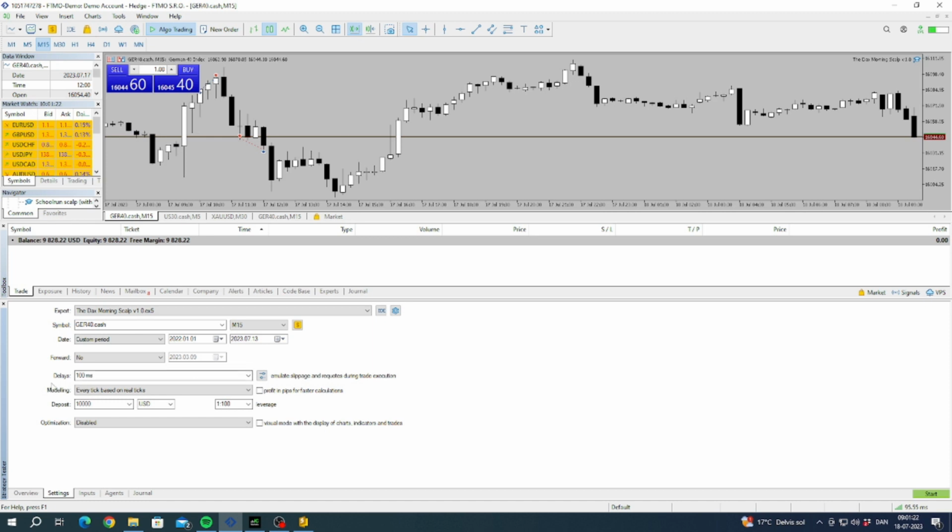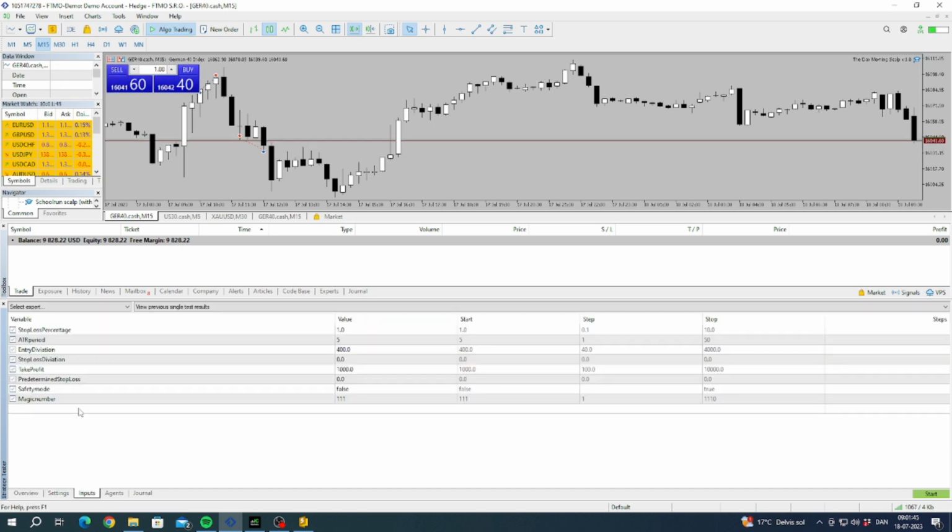I think that's okay. I will use 100 millisecond delay, which is a little more than my current delay. You can see here my current delay right now is 95.5 milliseconds. Right, and I'll use a 10,000 US dollar deposit and 1 to 100 leverage. Good. I will just be using the default inputs for this quick test, and then I will go over the inputs in a second.